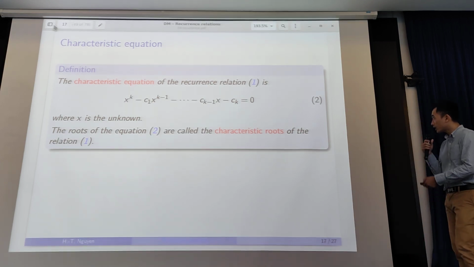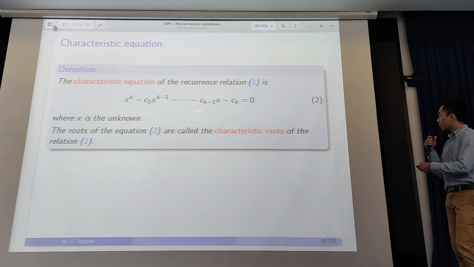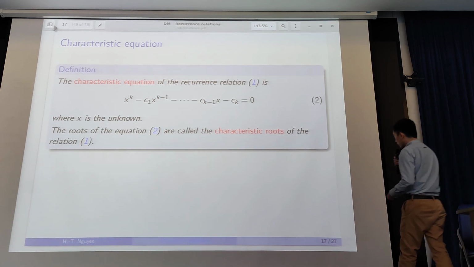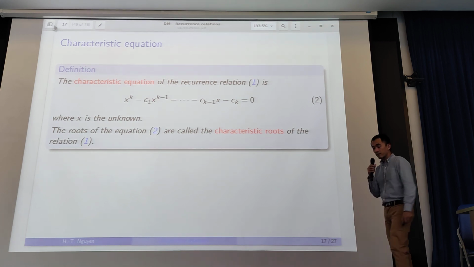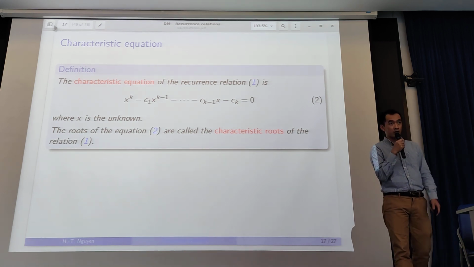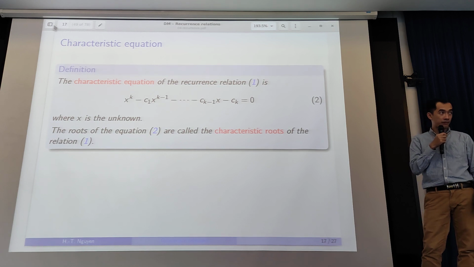Okay. So the idea is to solve this characteristic equation, and we call the roots of this equation the characteristic roots of the corresponding relation. Okay.